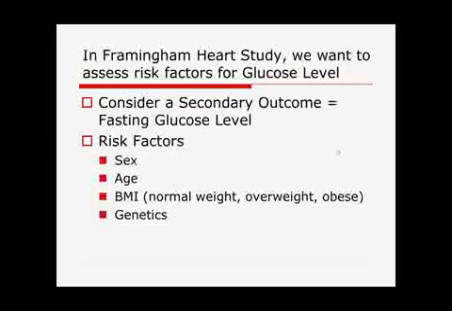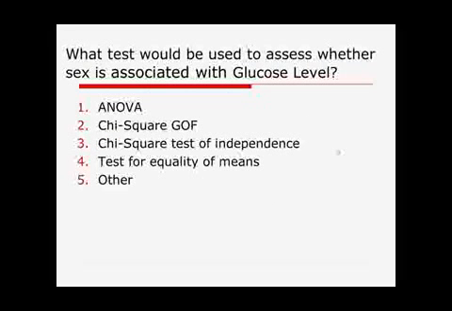Okay, so now let's change it up a little bit. Let's take the outcome and look at fasting glucose level as it is. Okay, so we're measuring people's glucose levels and not putting them into groups. Same risk factors. How would we test whether sex is associated with glucose level?